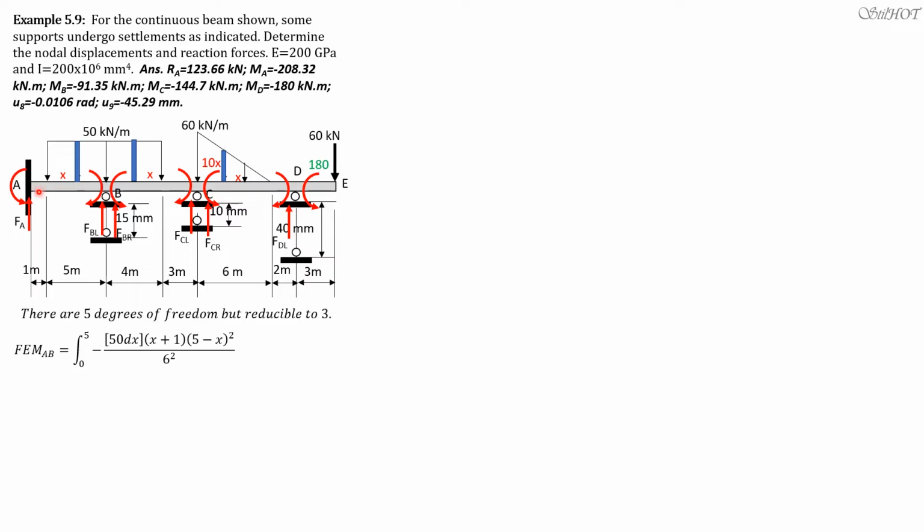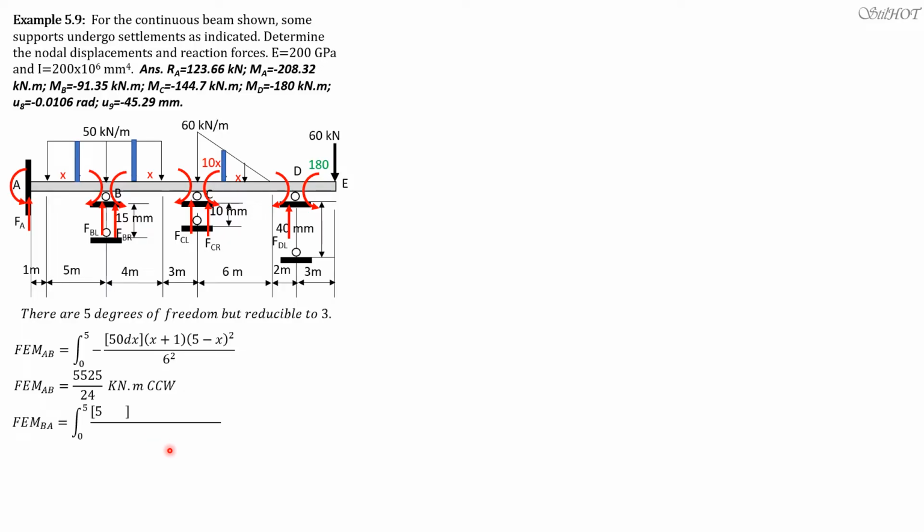And delta in this case, because the chord AB is rotating clockwise, which is equal to 15 mm or 0.015 meter, is considered positive because this is clockwise. But there is a negative sign preceding, so fixed end moment AB due to the load is 5525 over 24.